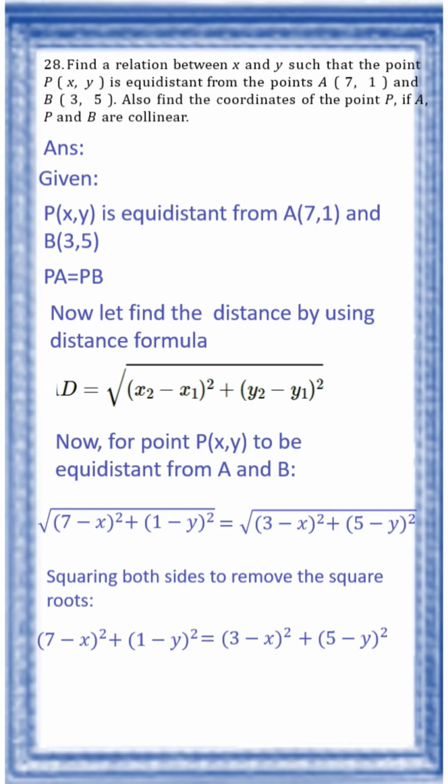Now let us expand it by using (a minus b) the whole square. 7 square is 49 minus 14x plus x square; 1 square is 1 minus 2y plus y square; 9 minus 6x plus x square; 25 minus 10y plus y square.